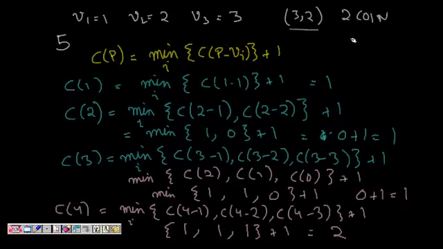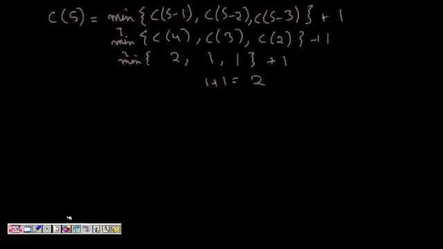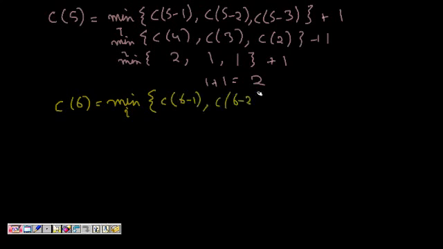Similarly for 6, how many coins? We can again do it with 3 comma 3, and we will just try it out for 6 also. So C of 6 will be equal to the minimum, for all i's, of C of 6 minus 1, C of 6 minus 2, C of 6 minus 3.